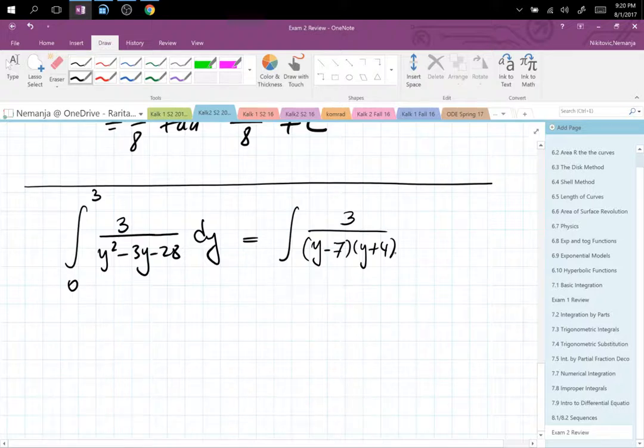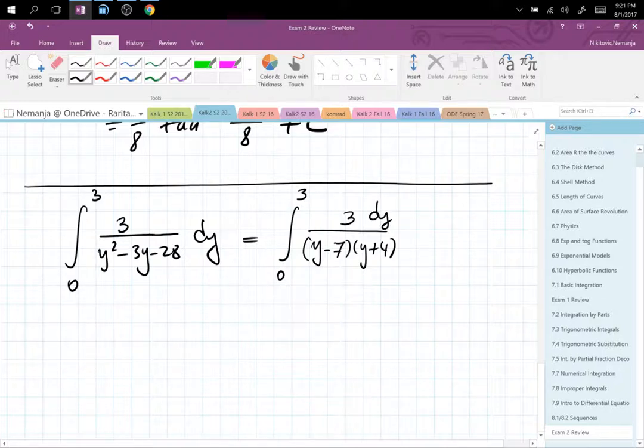So the two values where we have asymptotes are negative 4 and 7. Negative 4 and 7 are not in the interval 0 to 3, so we don't have to worry about improper. You see that? So you have to check that every single time.